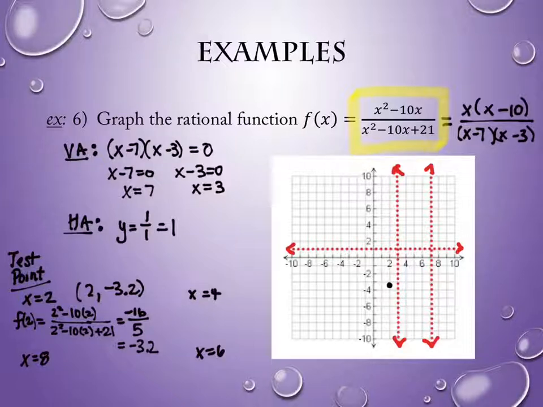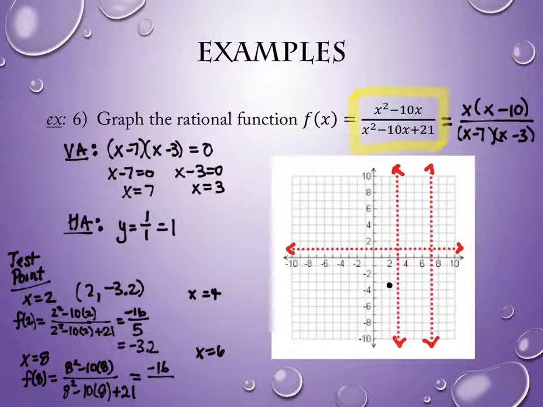All right, let's try it with 8. F of 8. So I have 8 squared minus 10 times 8 over 8 squared minus 10 times 8 plus 21. What do I get on top? Negative 16? Really? Like again? Wow, okay. And then 8 squared minus 10 times 8 plus 21.